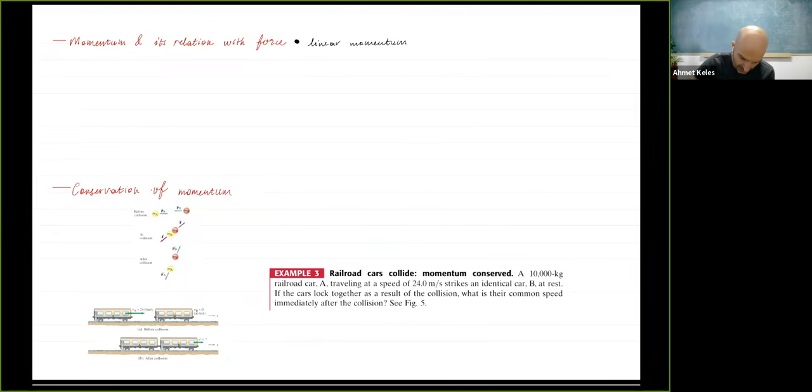So this one is linear, and we show it with P, and it's a vector quantity, so we put the arrow on it. It's defined by mass, which is a scalar, times velocity, which is a vector. Its unit is kilogram times meter per second.